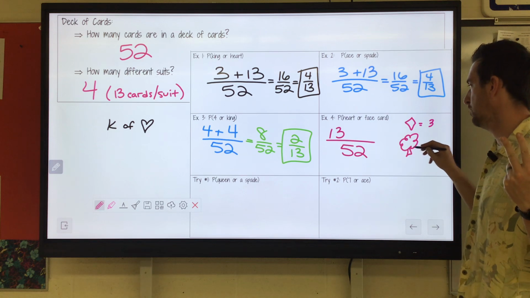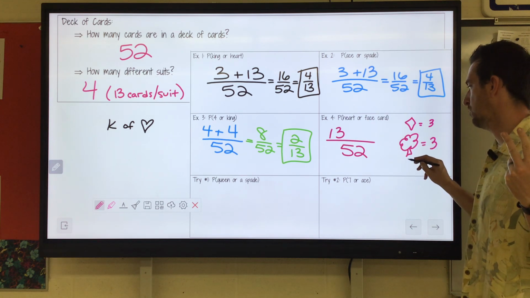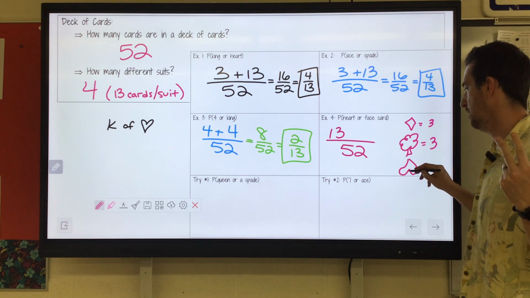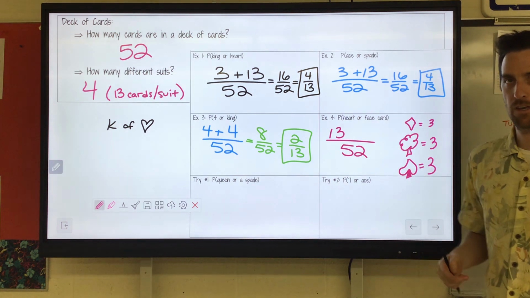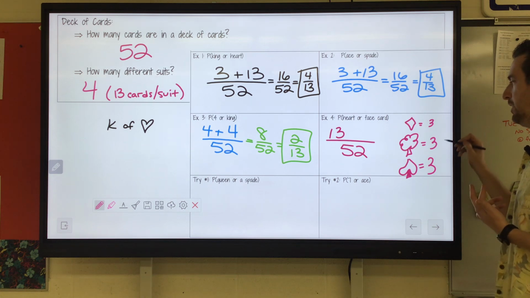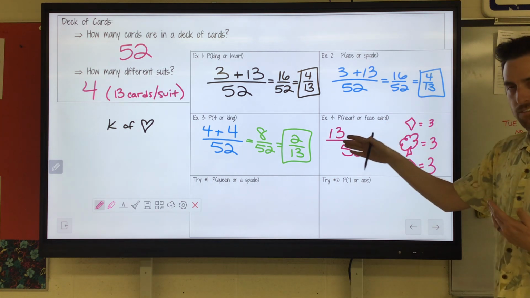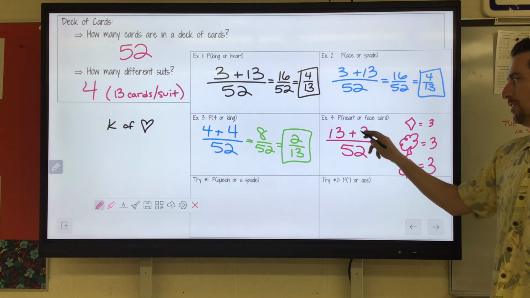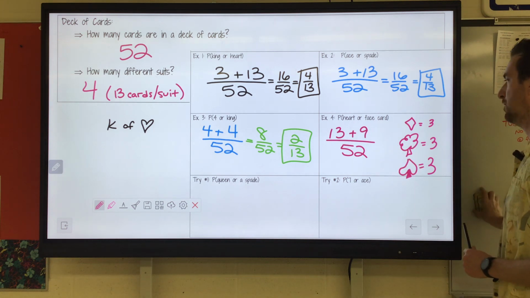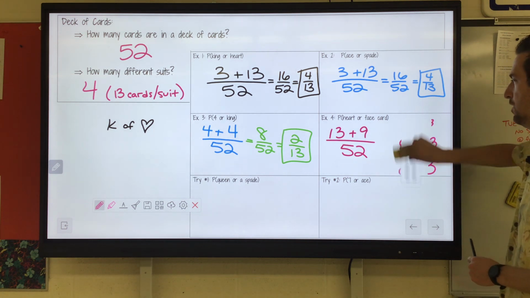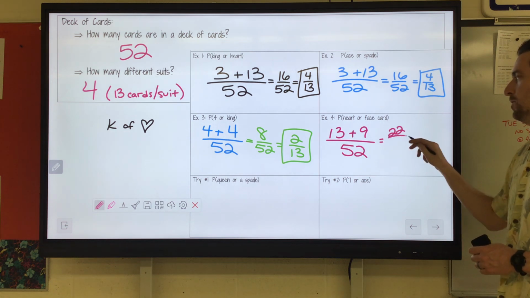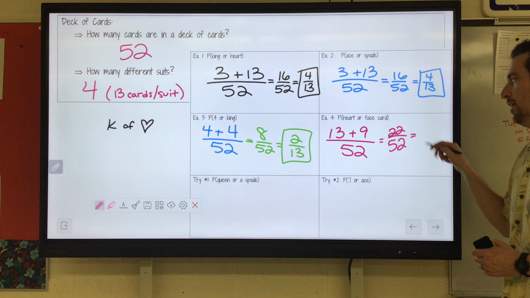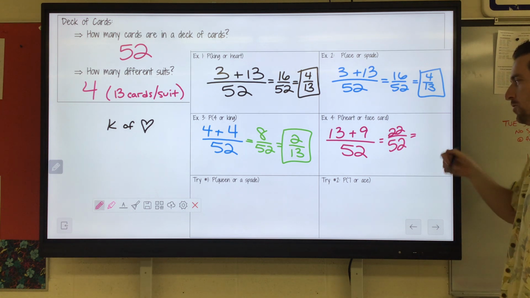Wow, that's an incredible club. And we also have 3 of them in spades. Artistically, this is just mind-blowing. So there are 9 face cards plus the other 13 that we're dealing with. So that would give us a total of 22 cards that we're looking for out of 52. Now 22 you can't divide by 4, but they're both even, so you could cut them in half. It'd be 11 over 26.